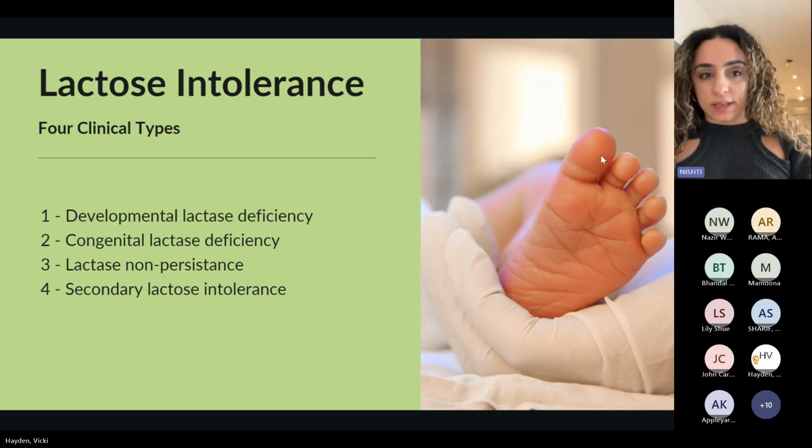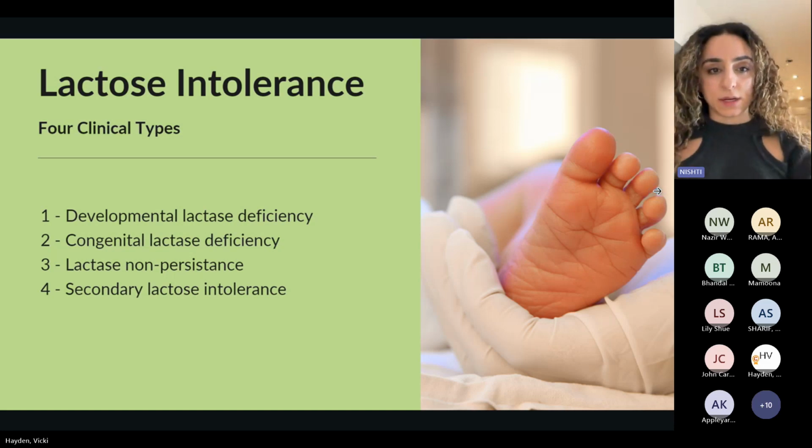Then we have congenital lactase deficiency, which is extremely rare. This is a result of a severe autosomal recessive disorder seen in newborns, and is characterized by severe osmotic diarrhea and faltering growth. These children require a lifelong lactose-free diet.